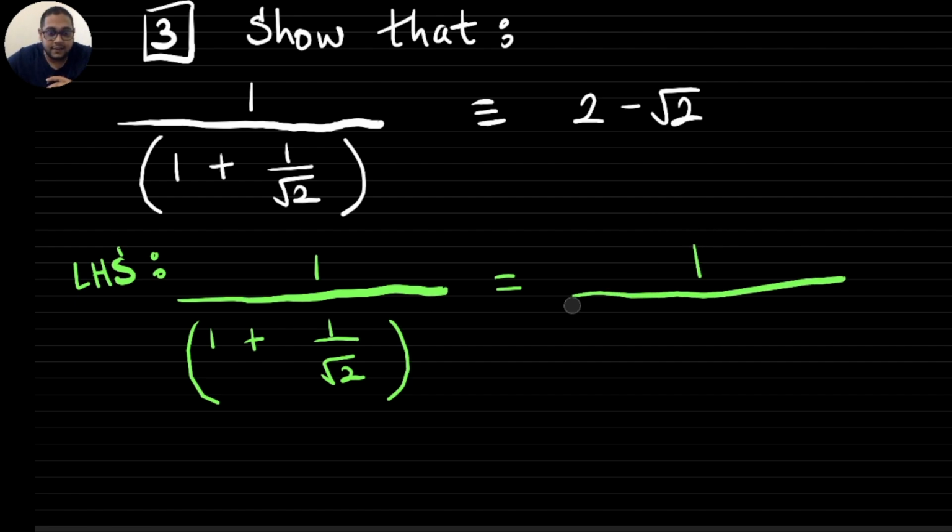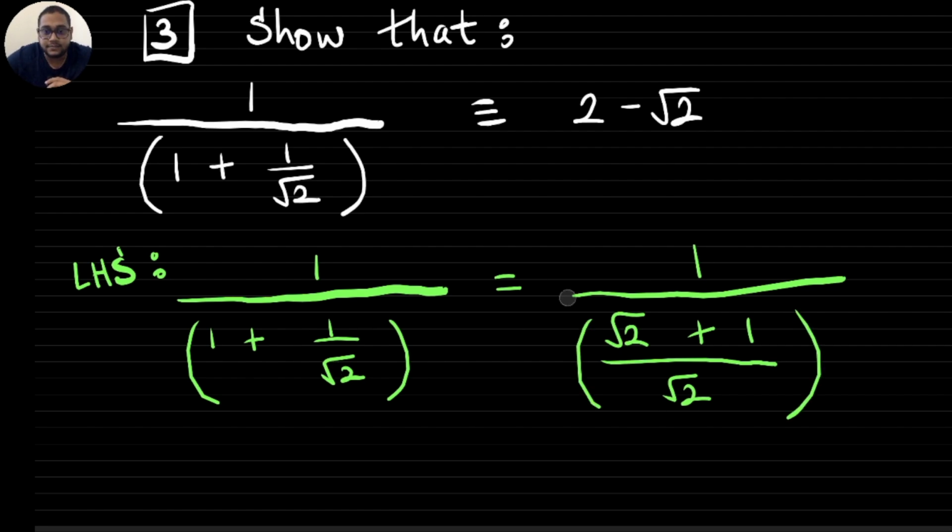And then we will simplify the denominator, and I'm going to consider the LCM, that is the lowest common multiple. And this 1 will then change to root 2 plus 1, and the whole term divided by root 2. Please note that the terms inside the brackets are equal.